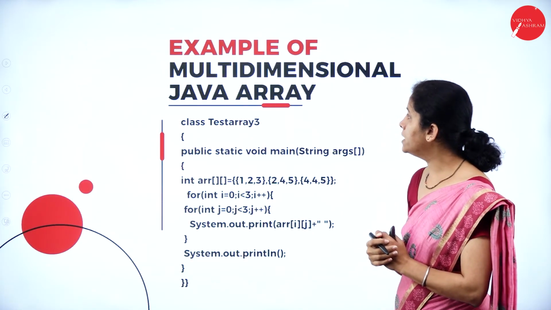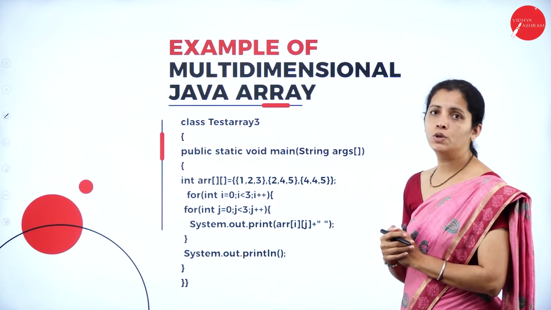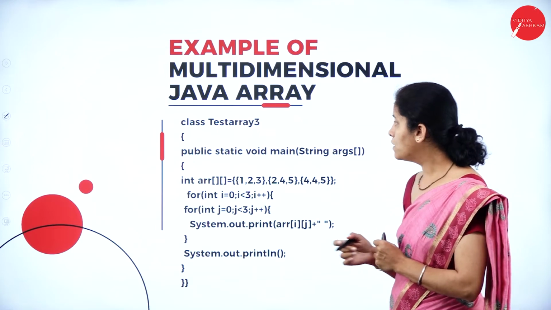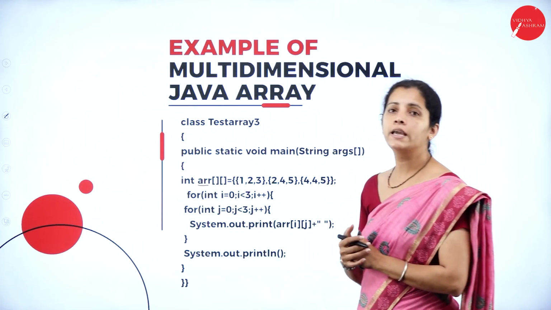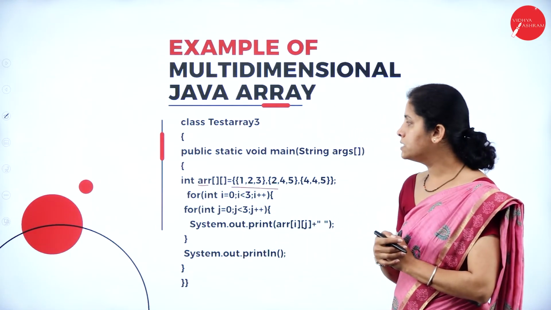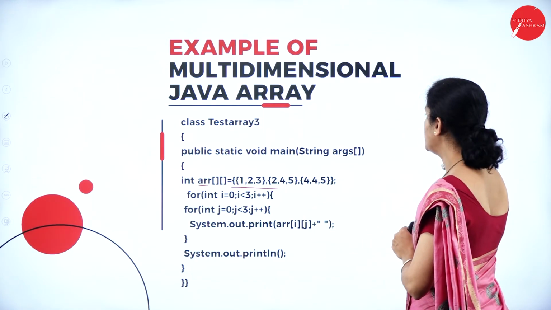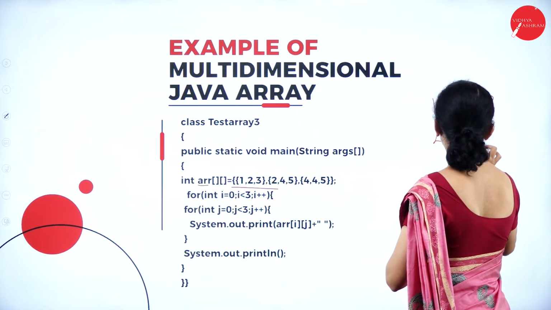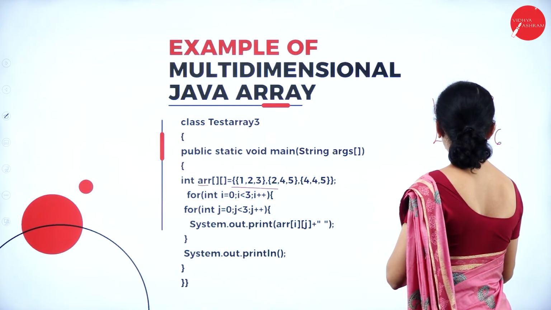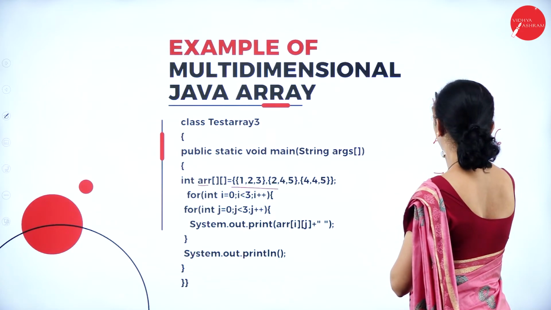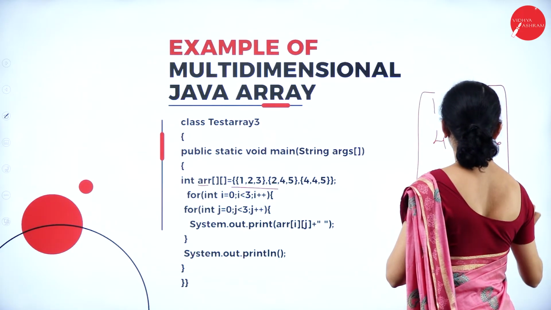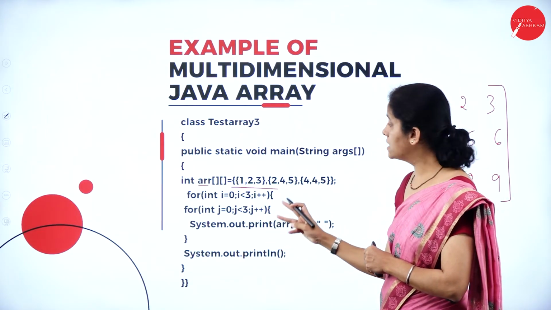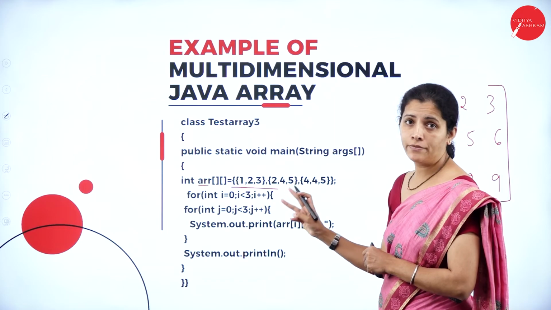Now, dear student, this is the simple example used to illustrate a multi-dimensional array. And what is my array name here? It is ARR. Now see here, it is a 3 cross 3 matrix. 1, 2, 3, 4, 5, 6, 7, 8, 9. See here, I have two for loops. This is the example for a nested for loop.